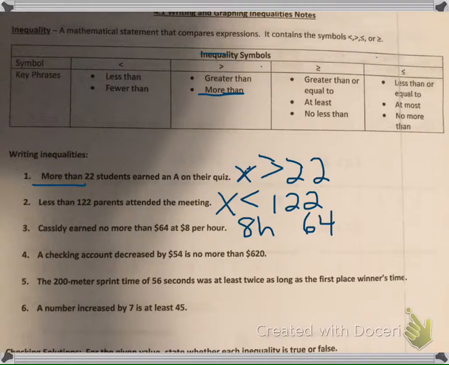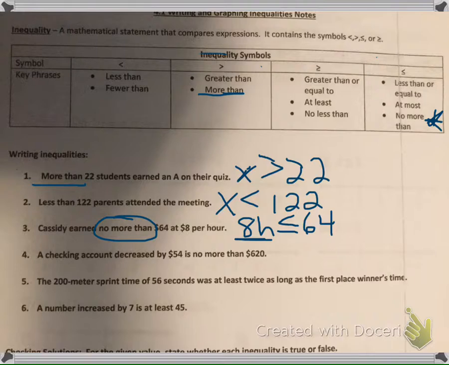If you're thinking about no more than, this number has to be less than or equal to, and if you look here, there's the no more than. 8 times whatever has to be less than or equal to, because no more than, but it could be 64. And all you're doing is writing these inequalities. You're not doing anything else with them just yet.